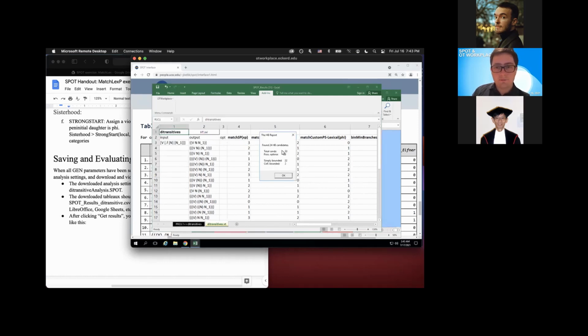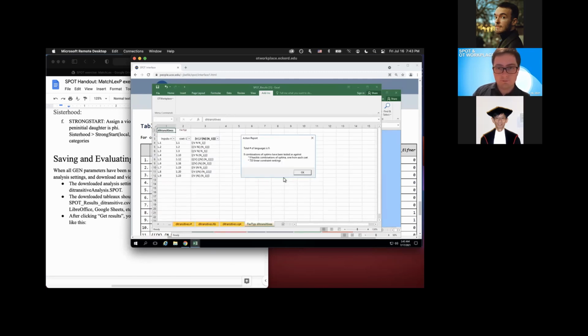And then this will basically give us a brief report of how many harmonically bounded candidates there are and how many possible optima there are in total. Right now we can ignore that and just press OK. And then it tells us how many languages we predict to have given this gen and this con. And it tells us that there are 9 possible languages for this system.